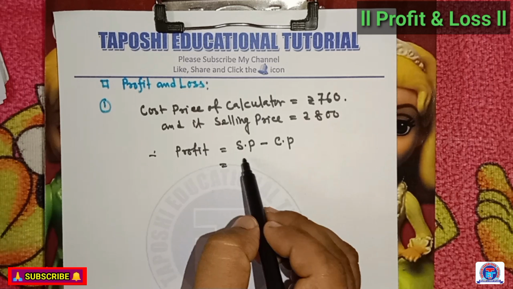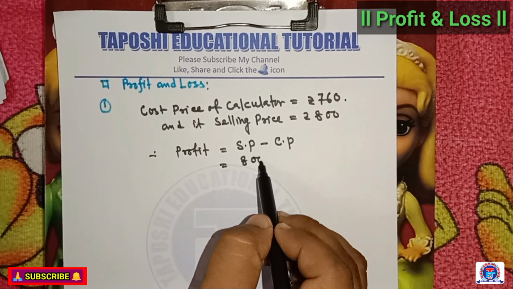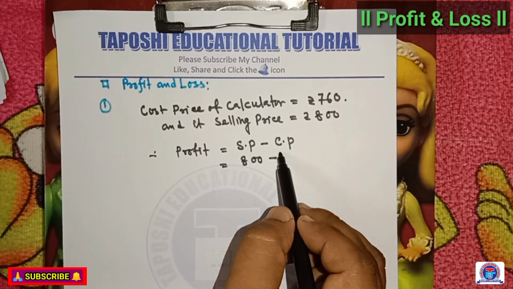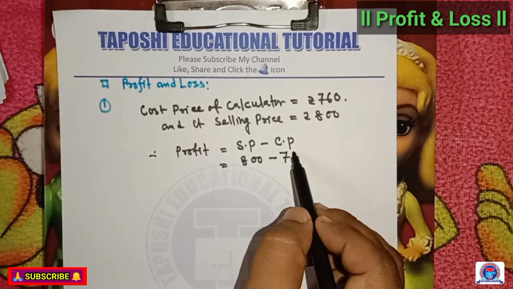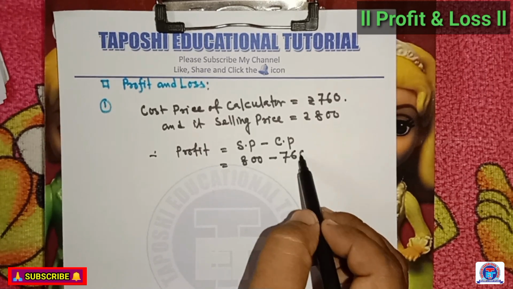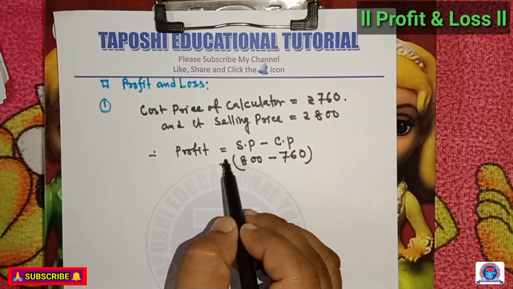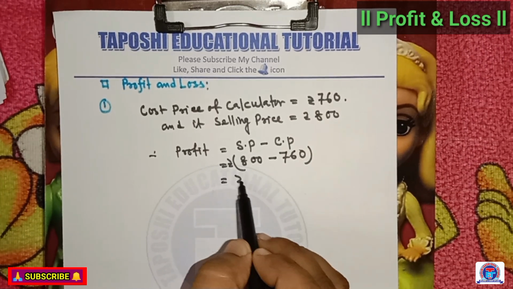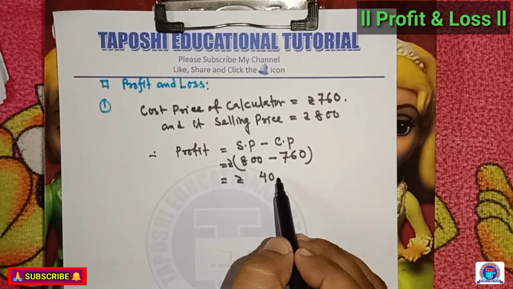So here we write the selling price is 800 and cost price is equal to rupees 760. Okay, so it will become 40 rupees.